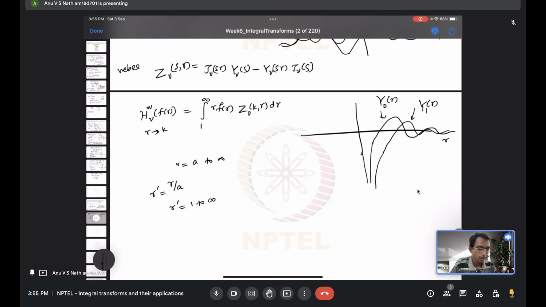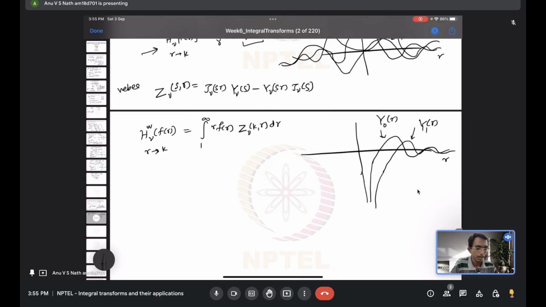So this you can always do, you scale appropriately. You will always scale down to this transform. But you cannot do the scaling to reach 0 to infinity. That's why we always need this particular kernel to achieve this particular domain, like 1 to infinity or some finite number to infinity. So we need the Weber kernel.